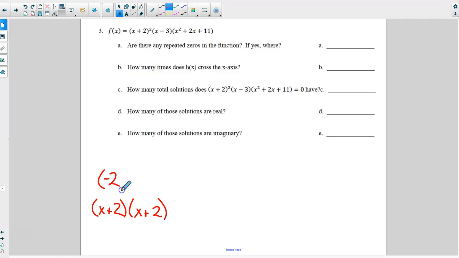It's negative 2, 0. I put a star by this one because it happens twice. It's the same thing, but it happens twice. That's actually really important for later on. Now, this next one, x minus 3, what's my x-intercept for that? Positive 3, 0. So I'm going to put that right here.